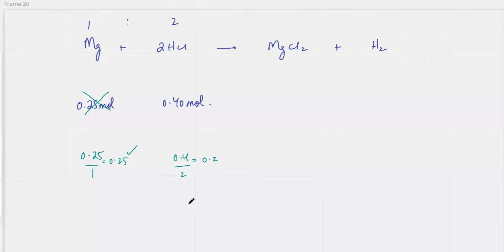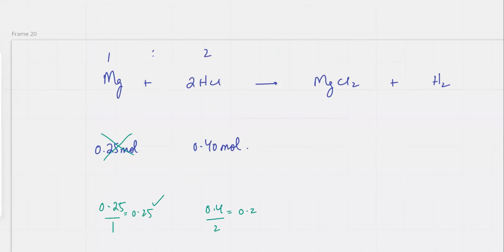That's the whole concept. You can easily spot it by just doing this: take the moles divided by its ratio, take the moles divided by its ratio. If one of the values comes out to be bigger, that's the one that's in excess. And you can also check whether it's in excess.